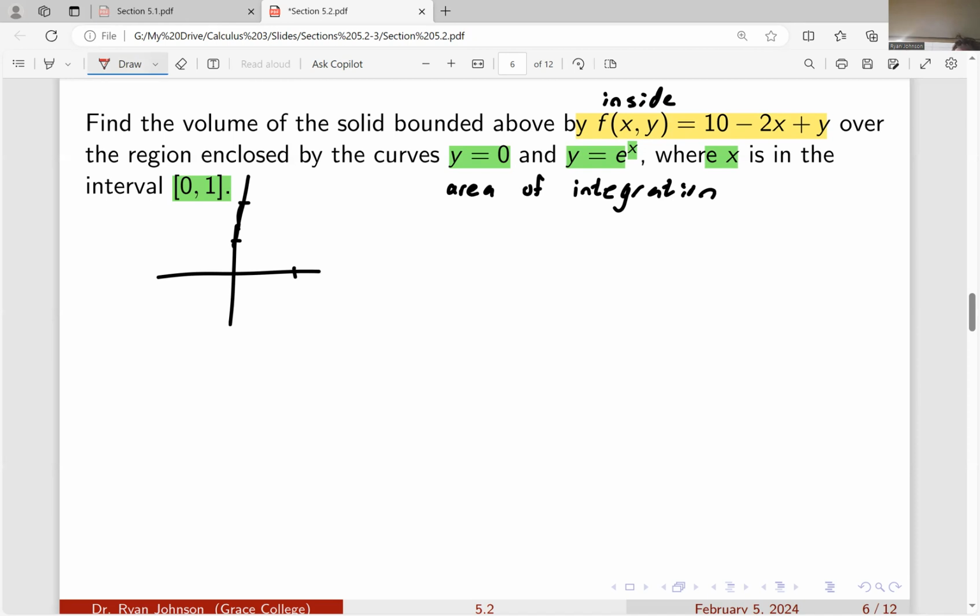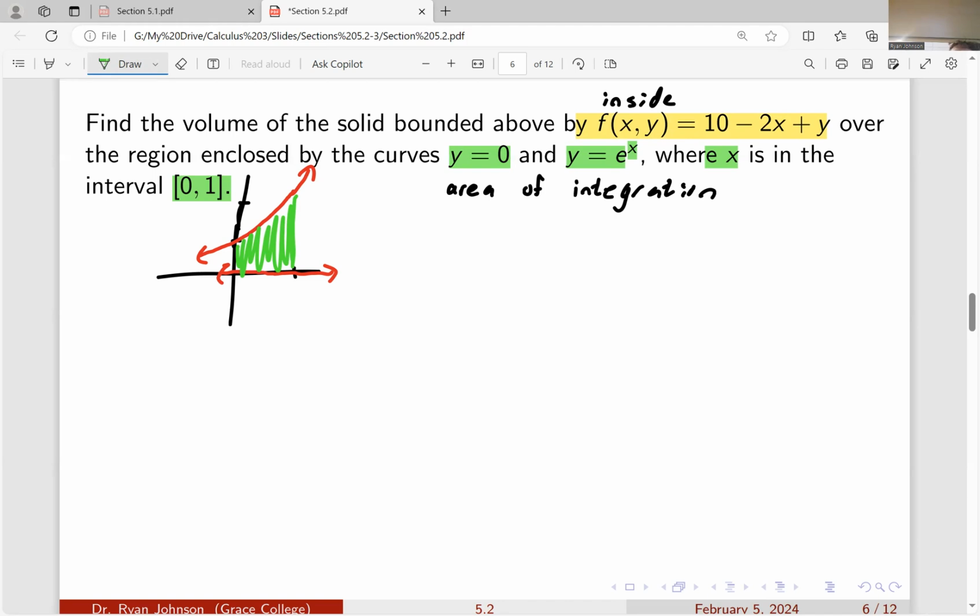When y equals 0, that's that line. Y equals e to the x is that line. And then we're limiting ourselves to x equals 0 to 1. That's our region of integration.